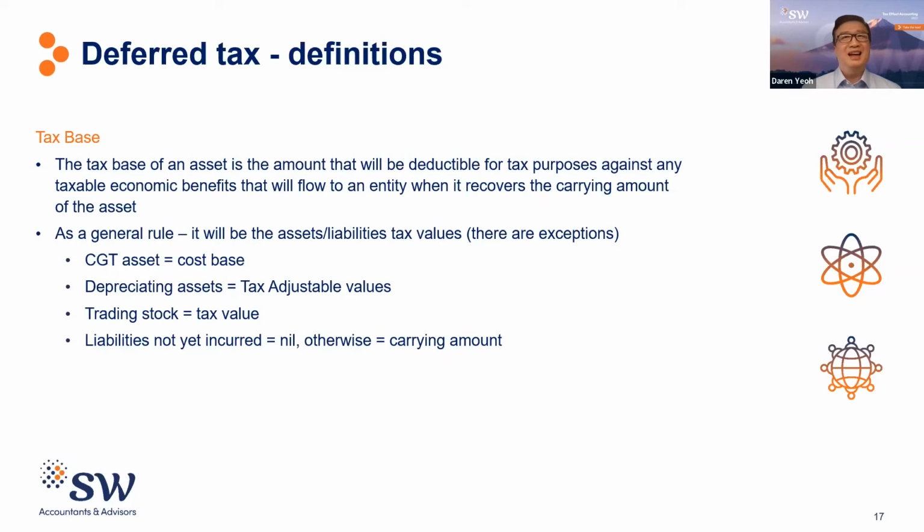Now, if you have something like land, for example, it may be regarded as being held for sale. So in that case, the tax base should equal the cost base because you can deduct the cost base against the sales proceeds there. So that's something to be careful of when determining the tax base of CGT assets.